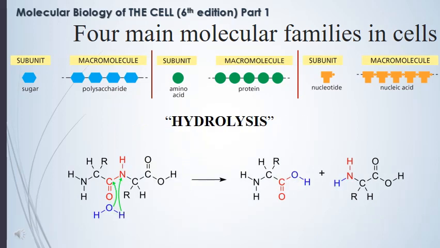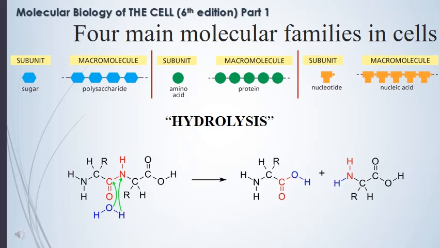Now here is the opposite, the hydrolysis. And here we have the C double bond O single bond nitrogen, which is also bound to another hydrogen, the group in red. And the point of hydrolysis here is to break that CN bond.